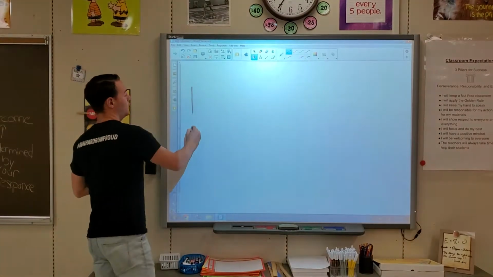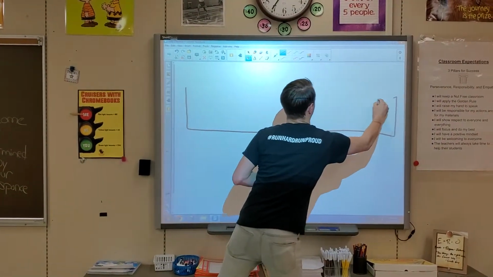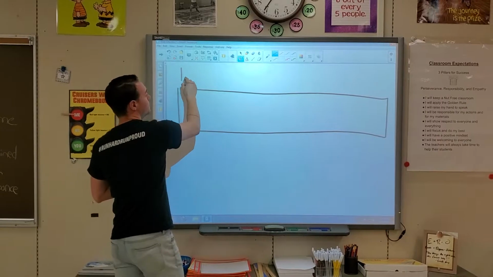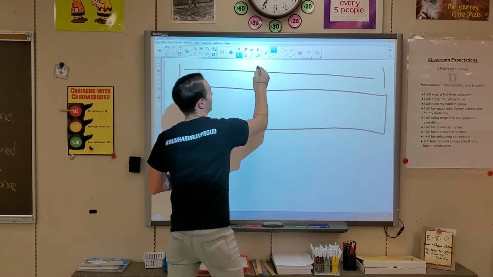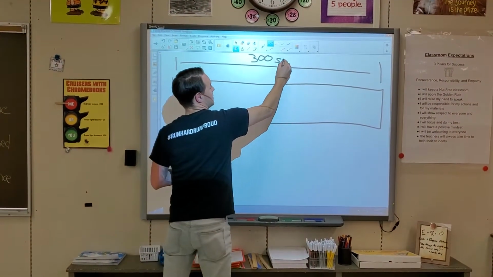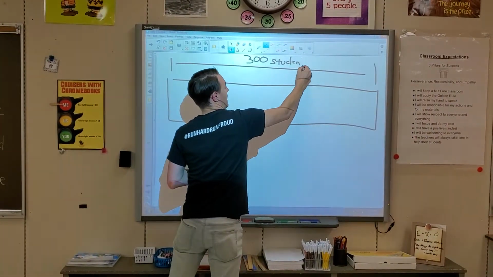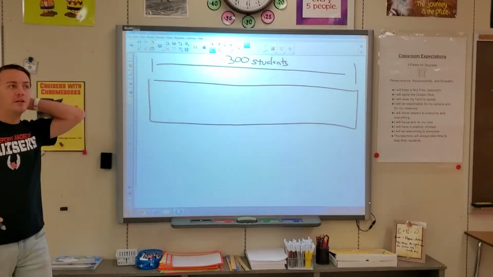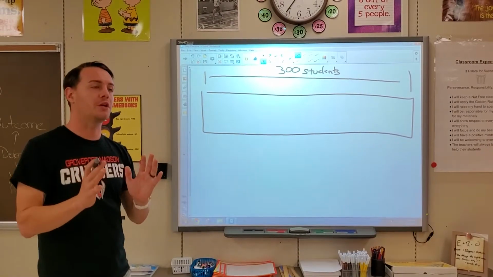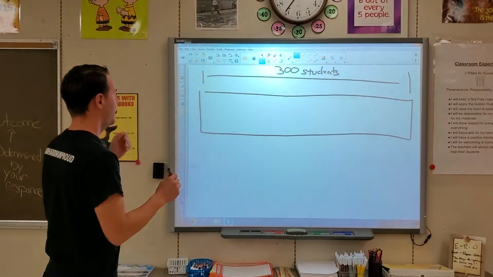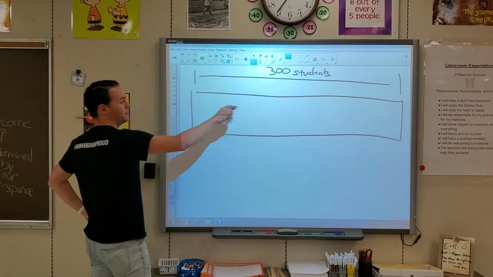So I'm going to draw one big bar, and this is going to represent my 300 students. Now, I want to make groups of 30, and I can do this by creating 30 different boxes.